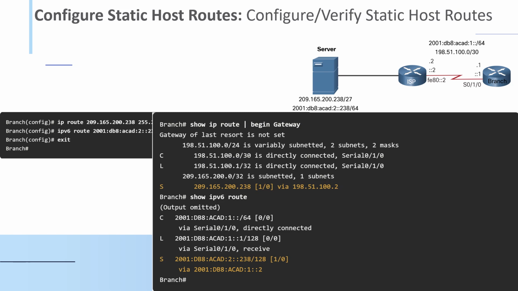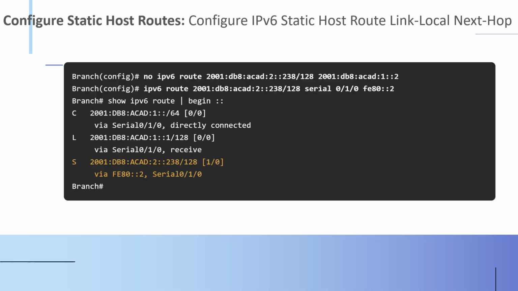But remember that we can configure IPv6 static host routes with the link-local next hop, because for IPv6 static routes, the next hop address can be the link-local address of the adjacent router. However, you must specify an interface type and an interface number when using a link-local address as the next hop, as shown in this example.